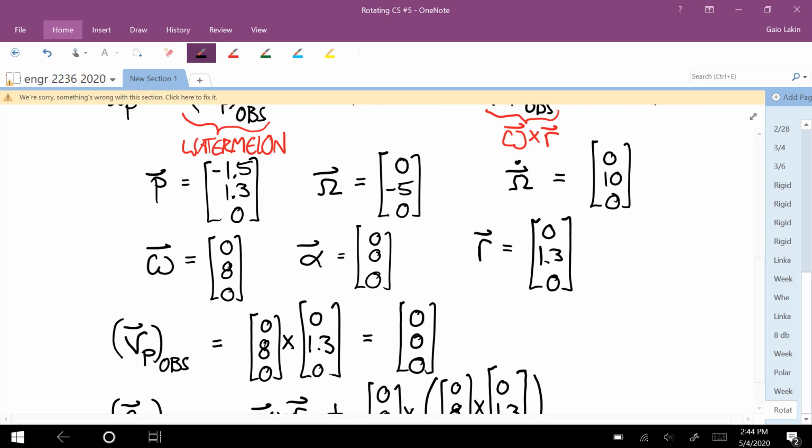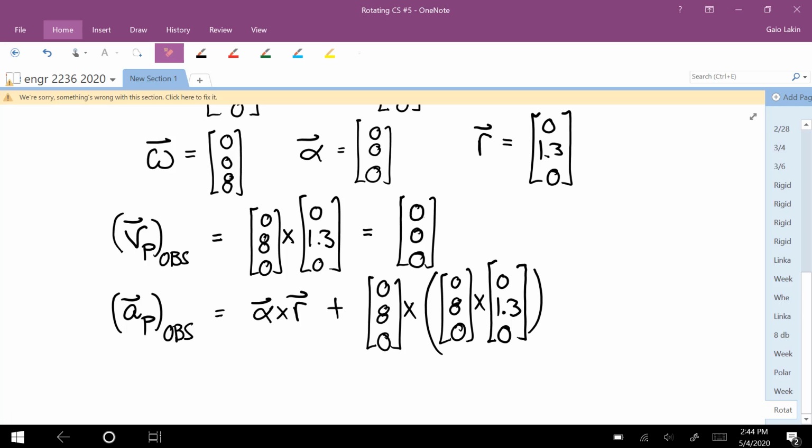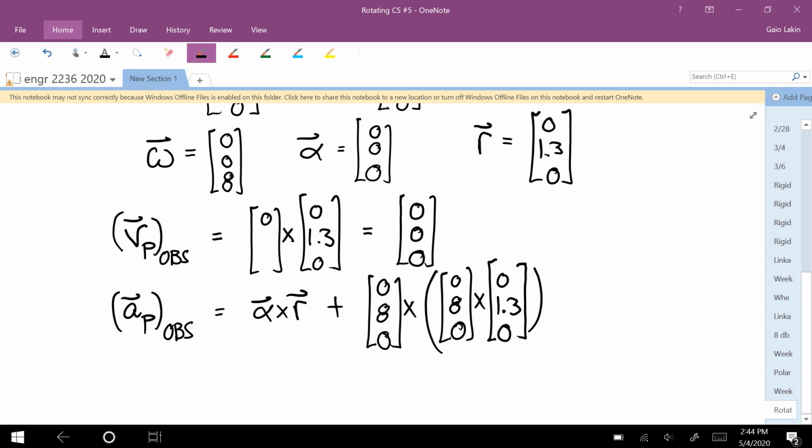So this should have been 0, 0, 8. So that changes all this stuff a little. Okay, so this is 0, 0, 8. And we get a different answer for this. So I think that should be 10.4 negative.